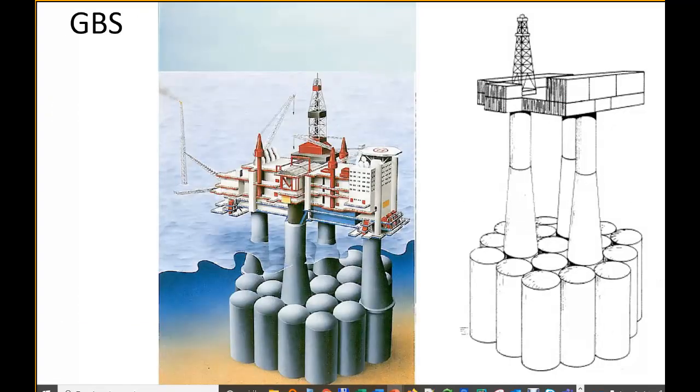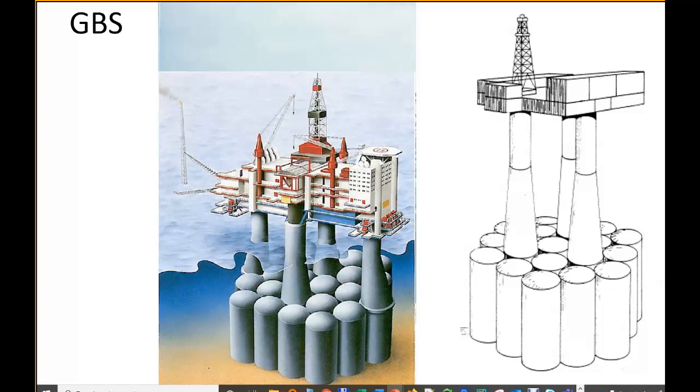Gravity-based structure, concrete, what I mentioned before, is standing by its own weight, so it's a very heavy structure. It might have some mechanism to fix it to the ground, like steel skirts that bite into the soil, or some suction anchor mechanism. You see some of these structures, like Gullfaks and Troll, having this shape.